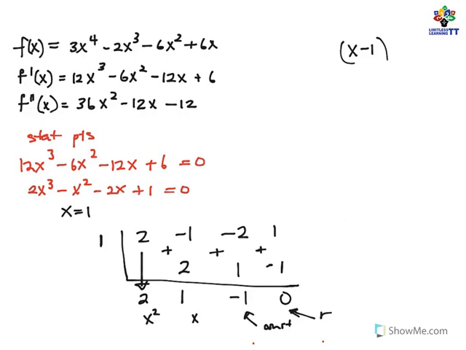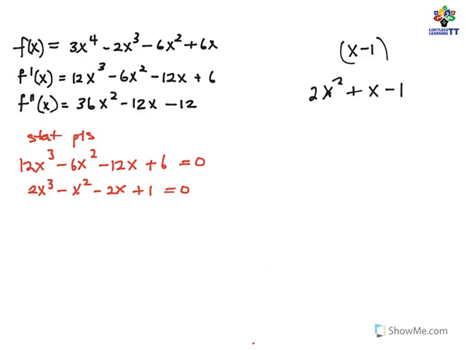So what I'm going to end up getting is 2x squared plus x minus 1 is going to be what I remain with. So basically what I'm saying is that since x equals 1 is a root, it must mean that x minus 1 is a factor. So now this is my equation.